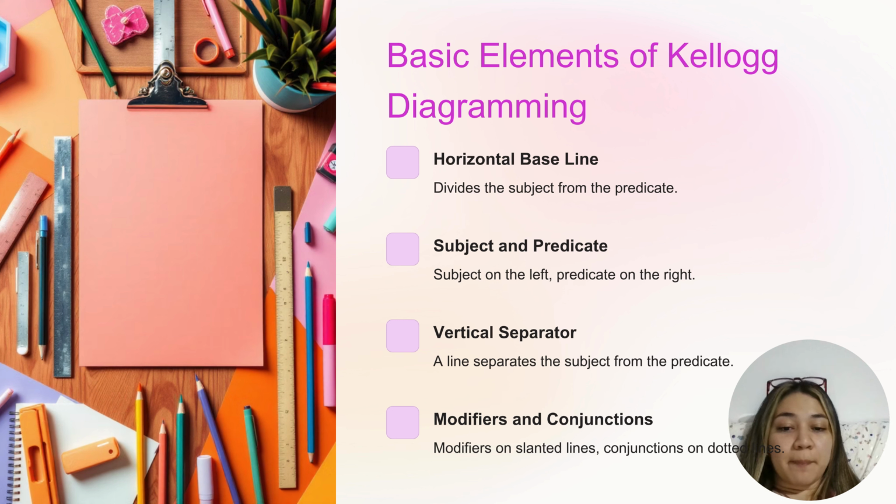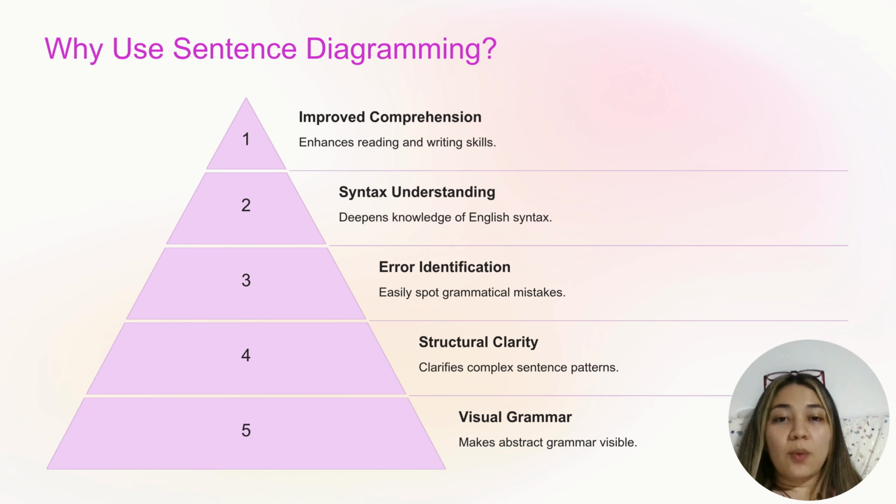So, why do we use sentence diagramming? Why was it created? They wanted to help us understand sentence structure visually. Before this, grammar was only taught with text and rules, which was confusing for many learners, right?